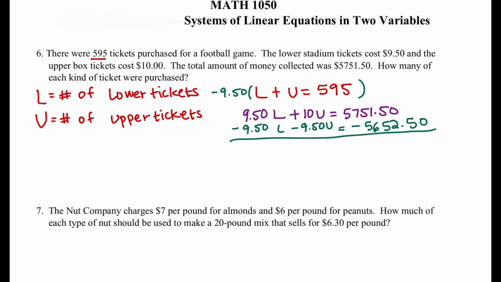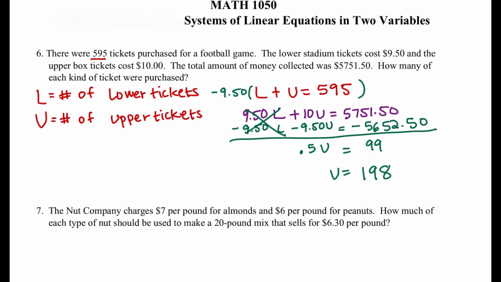So we're going to add these equations together. I get 0.5U, the lower tickets cancel out, and 5,751.50 minus 5,652.50 is equal to 99. So if I take 99 and divide it by 0.5, I get 198 upper tickets.